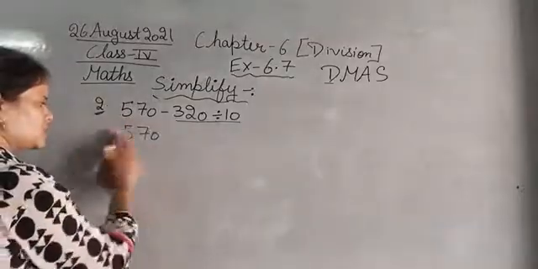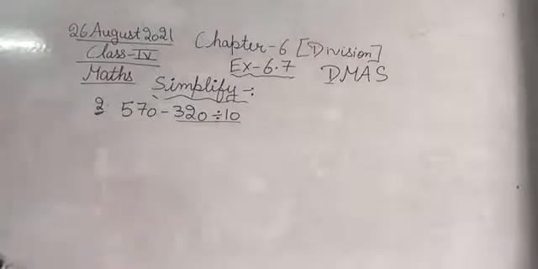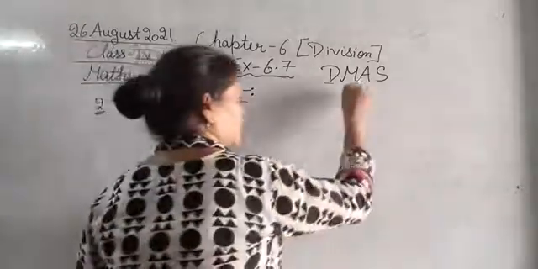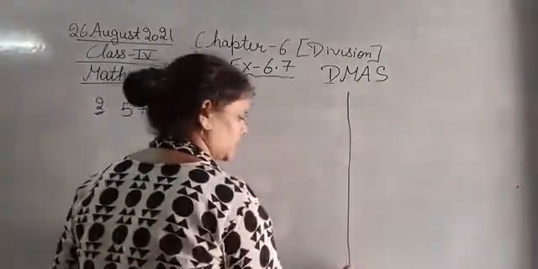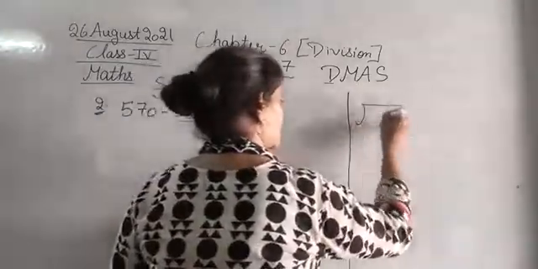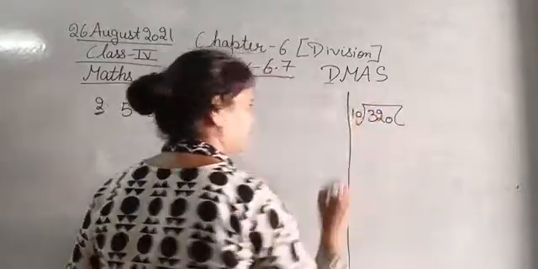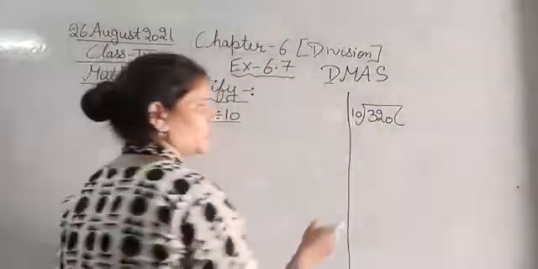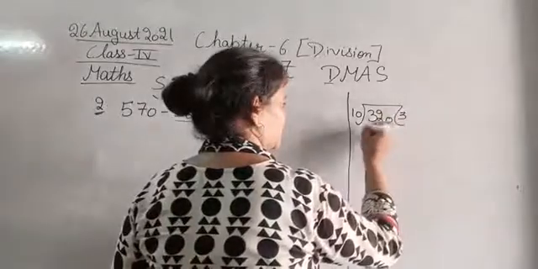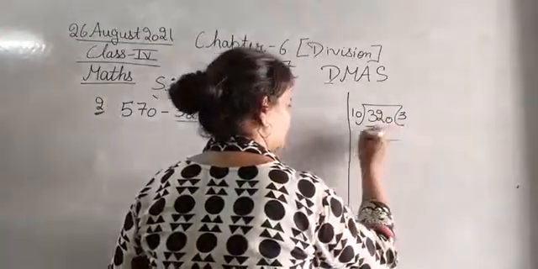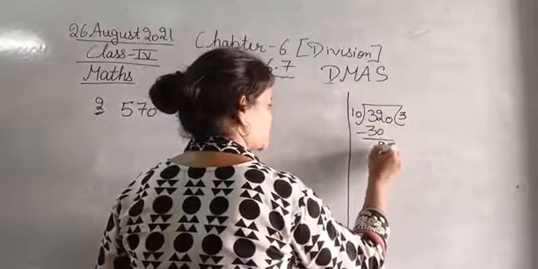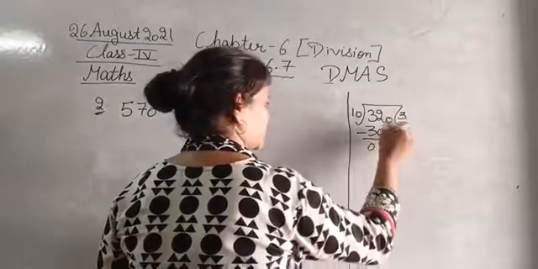So first of all we will divide 320 by 10, and you are going to show the complete calculation here. So this is 320 divided by 10. 10 3s are 30. 3 minus 3 is 0.